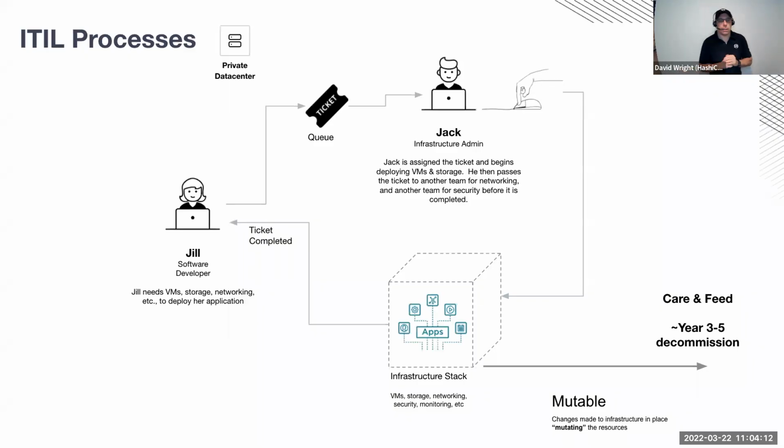So if we just take a small step back and think about where transformation has come from and why it's important, a lot of that is set around process and how we used to do things. I know from when I first started in IT, everything was ITIL based. In that process, you would see a developer or another team ask for a piece of infrastructure via that ticketed system.